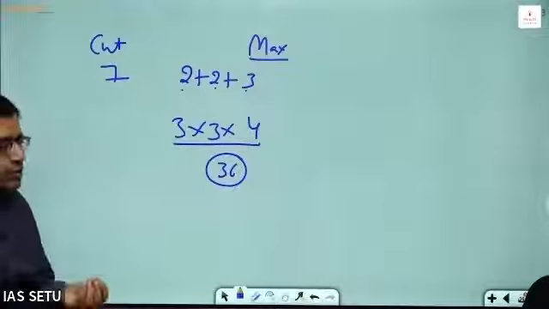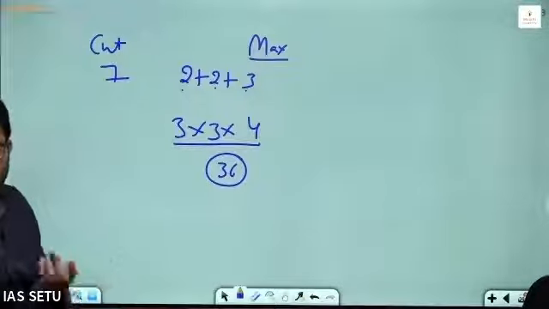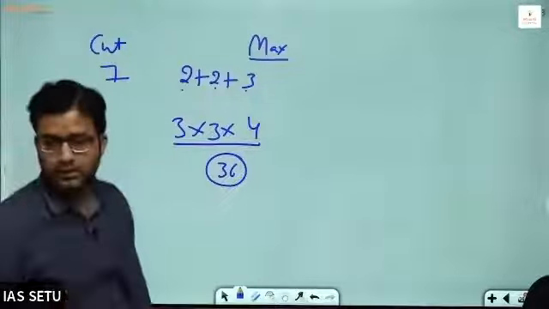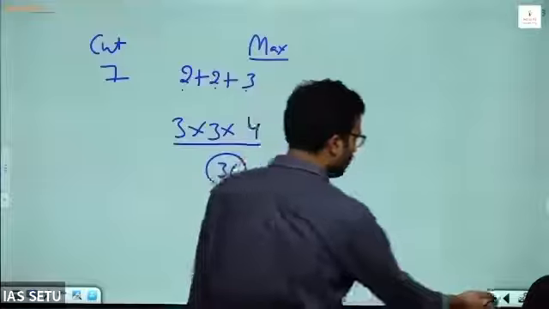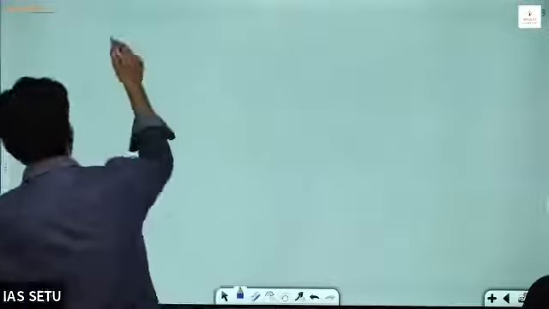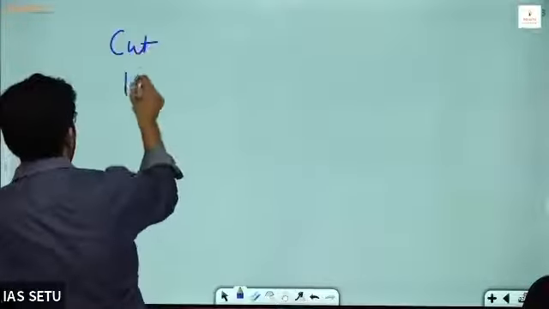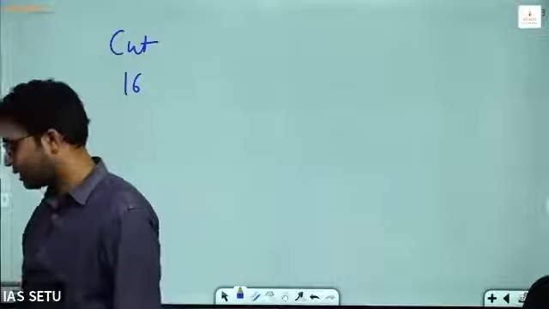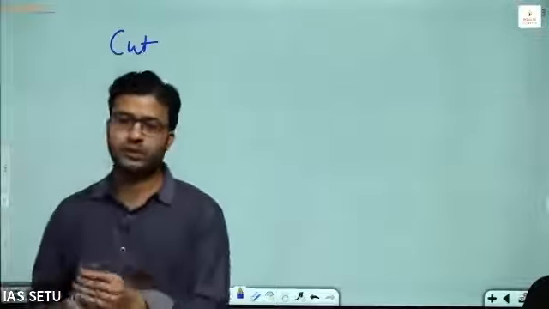Let me try to ask one question, if you allow me, with your permission. Yes, my question is number of cuts 16. Tell me, with these 16 cuts, what is the maximum number of pieces possible?